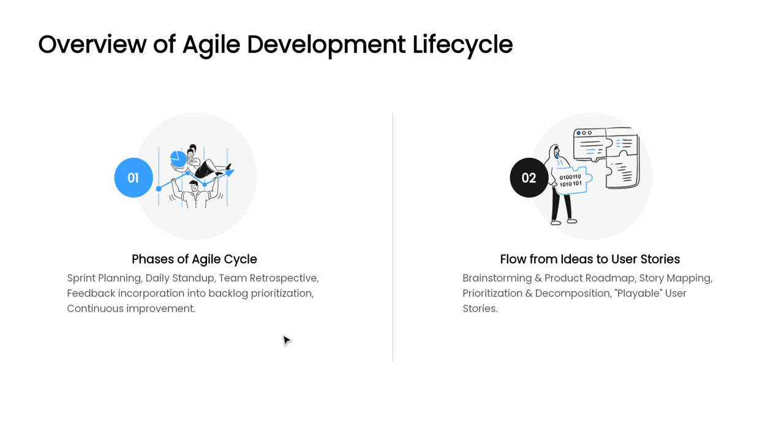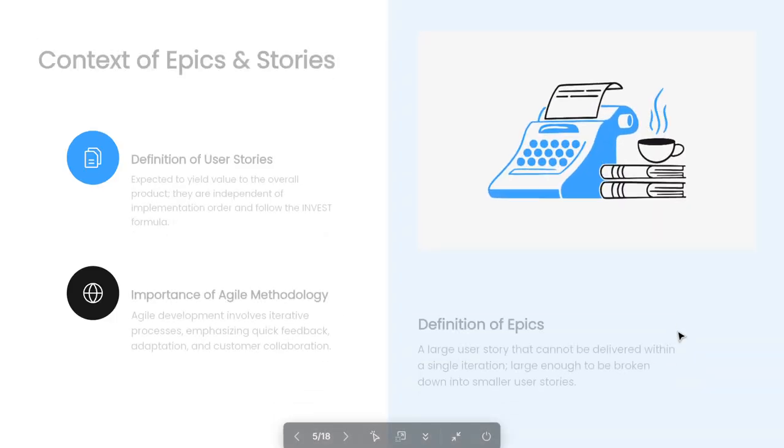Within the cycle, ideas flow from initial brainstorming sessions into the product roadmap, then through story mapping and prioritization until they become playable user stories ready for development. This flow ensures the big concepts are broken down into manageable, valuable pieces of work.